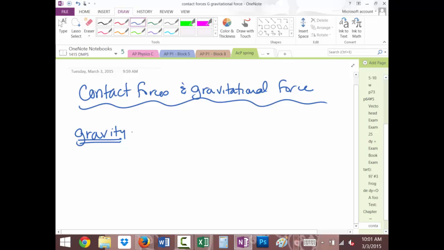We mentioned last time that sometimes people call the force of gravity the weight of an object, and I just want you to make sure that you're okay with that. We are very rarely actually going to use this word weight, though, because I don't want you to get bogged down in it. What I want you to know right now is that the force of gravity is a force between, hey, how many objects need to be involved in a force? 2.